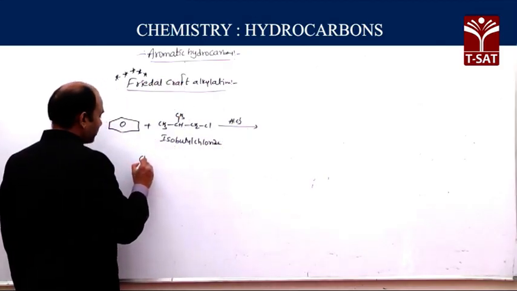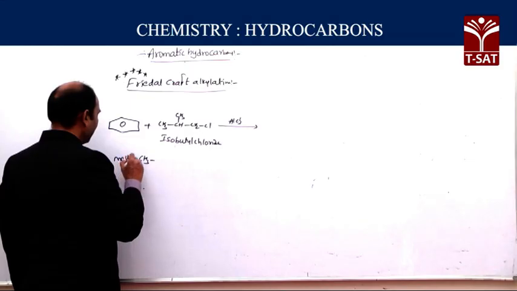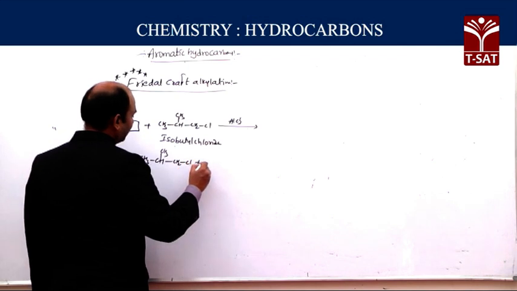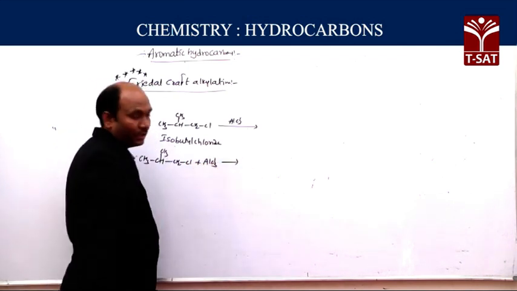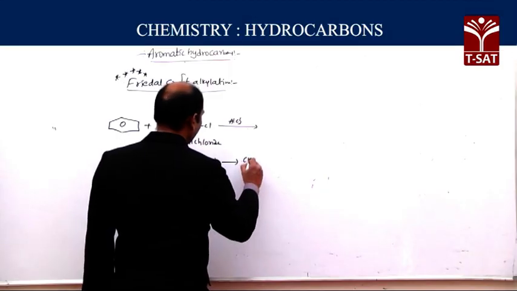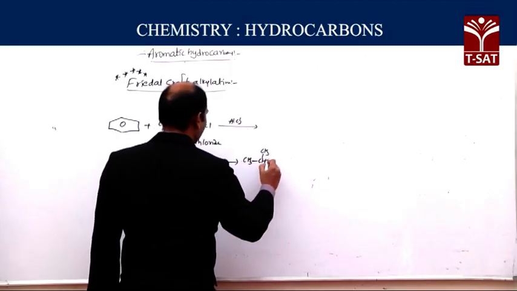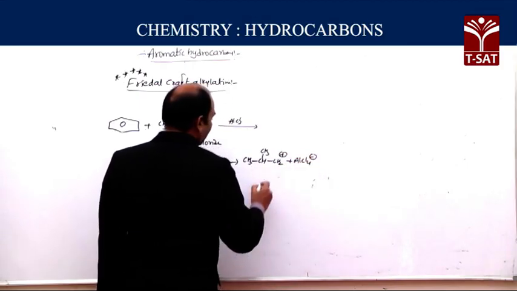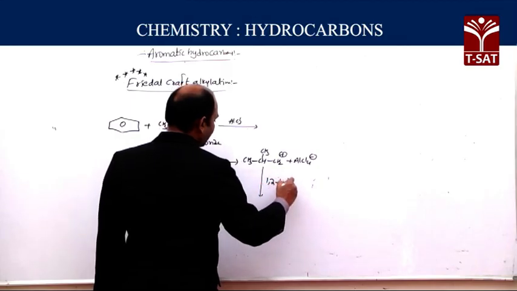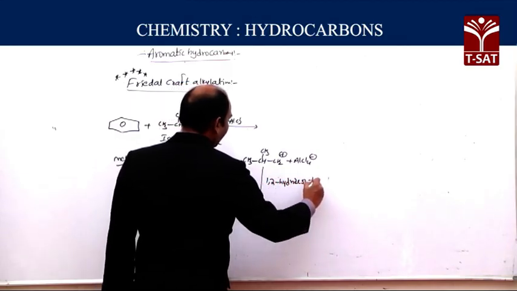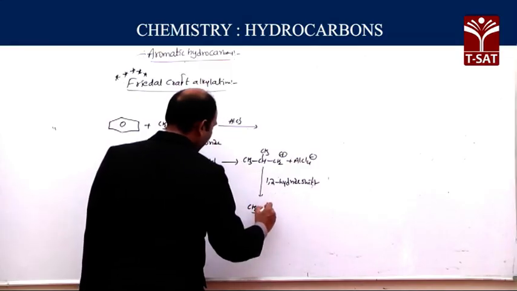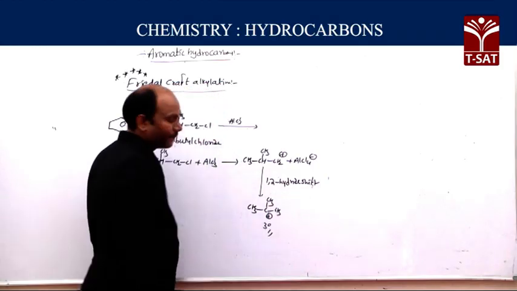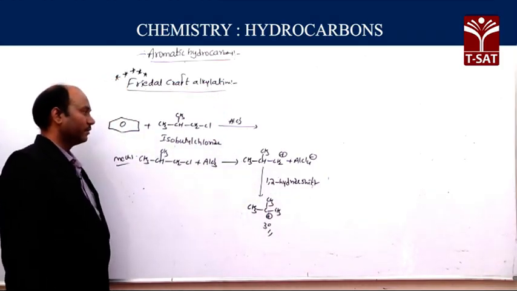If you observe the first step of the mechanism, we do not need the total mechanism. CH3CHCH3CH2Cl plus AlCl3 gives AlCl4 minus and the CH2 plus carbocation. Then again a 1,2 hydride shift takes place, so we get (CH3)3C plus. This is a tertiary carbocation.